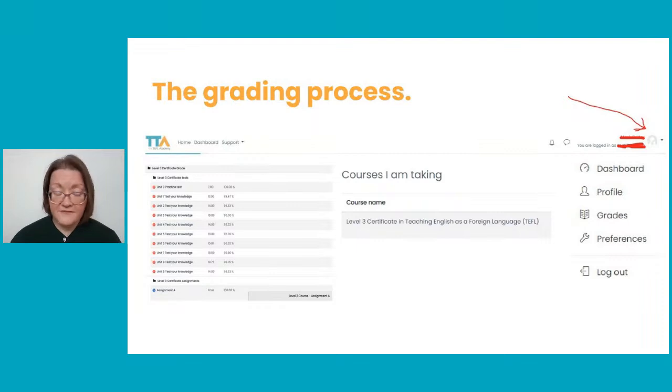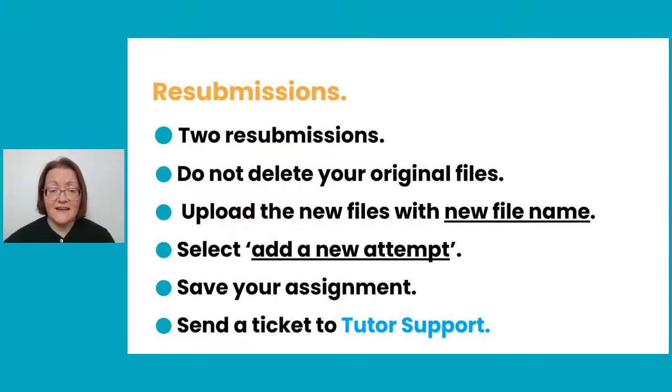Then just scroll down to the bottom of that page and you will see your feedback. Okay, our markers give extensive feedback on every submission. All right, so yeah, go to the icon in the top right, go to the drop-down menu, select grades, and you will find all of your feedback there. If you have difficulty finding it, again, just send a message along to Tutor Support and we'll help you.